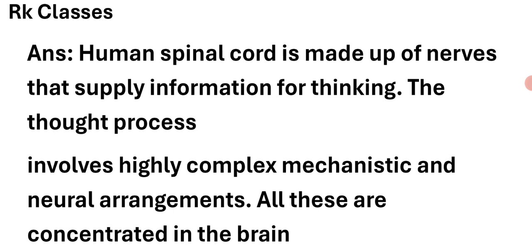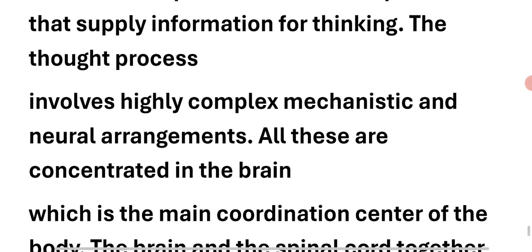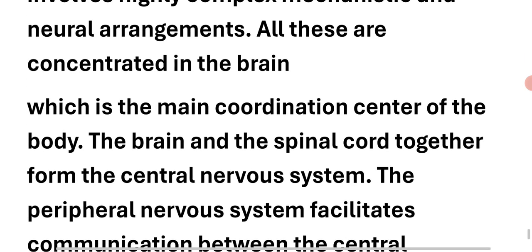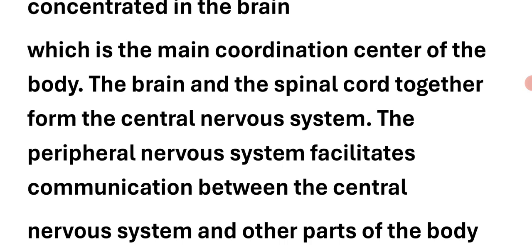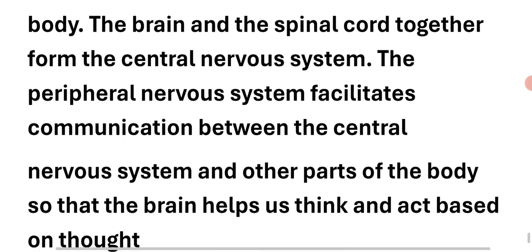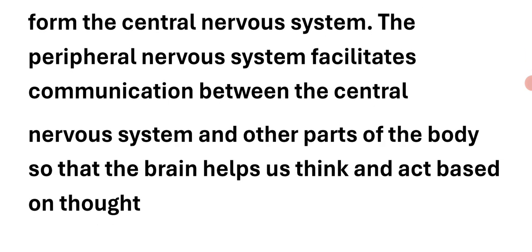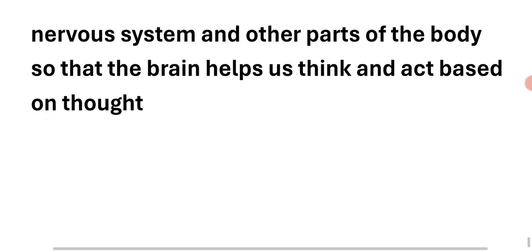The thought process involves highly complex mechanisms and neural arrangements. All these are concentrated in the brain, which is the main coordination center of the body. The brain and spinal cord together form the central nervous system. The peripheral nervous system facilitates communication between the central nervous system and other parts of the body, so that the brain helps us think and act.